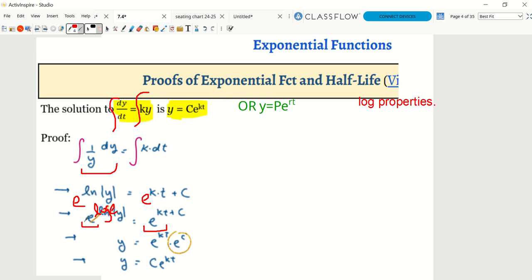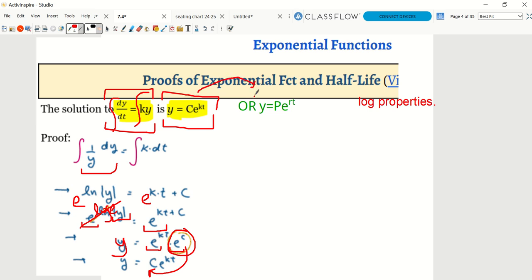And this cancels, and this becomes a non-exponent, becomes a big number, a base, basically. So this becomes a y, and anywhere you see plus with an exponent, you can rewrite it with the same base of e and do times. And now this is basically a big constant, which becomes that. So I'm just showing you the proof of how to get from here to here. Again, anytime you see this, it's implied it's this, which is essentially the same as PERT.